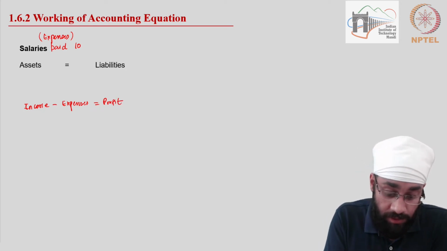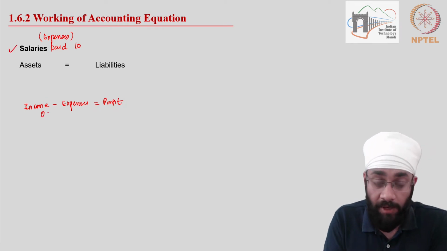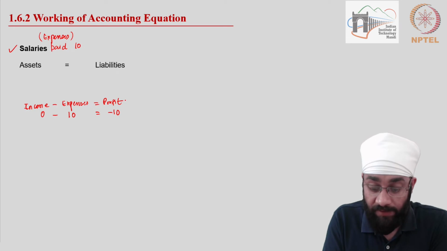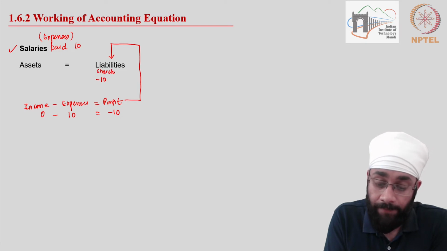So according to this equation, according to this transaction, no income is being made right now, but expenses are being paid. So you have a negative profit, a loss. And this profit is going to feed into liabilities, which means there will be a minus 10 in the shareholder fund.